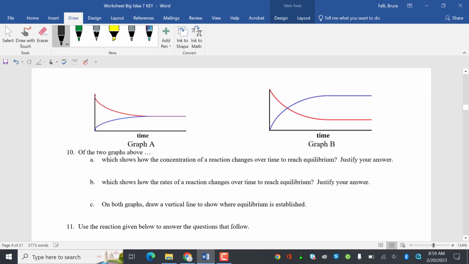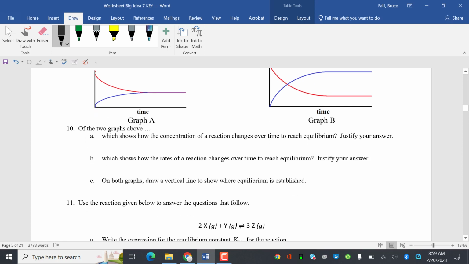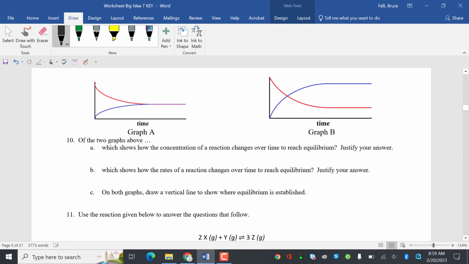Of the two graphs above, which shows how the concentration of a reaction changes over time to reach equilibrium? That would be B, because lines are zero slope but not equal, which shows how the rates of reaction change over time to reach equilibrium.